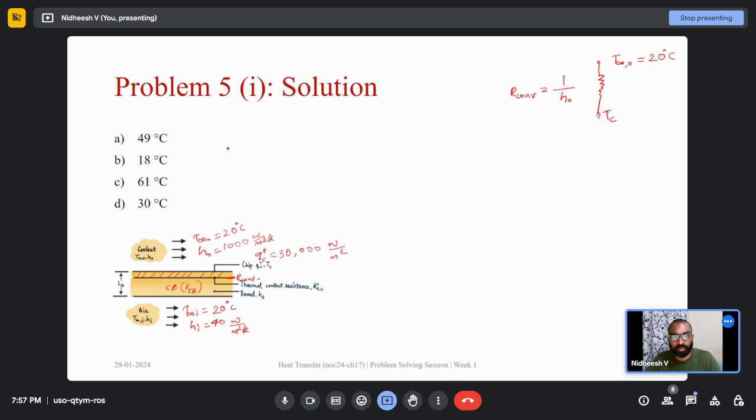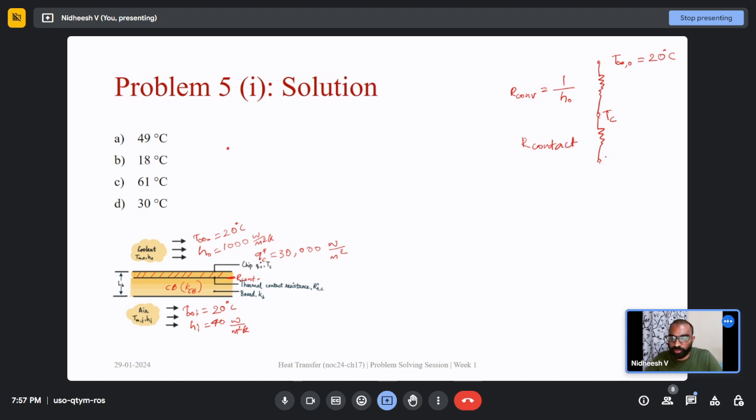Then I will draw a resistance. What should be this resistance? Contact resistance, sir. Yes, that is the contact resistance between the chip and the circuit board.